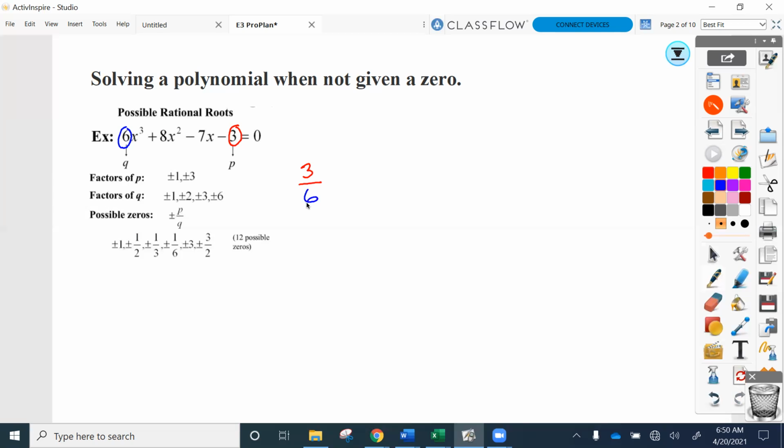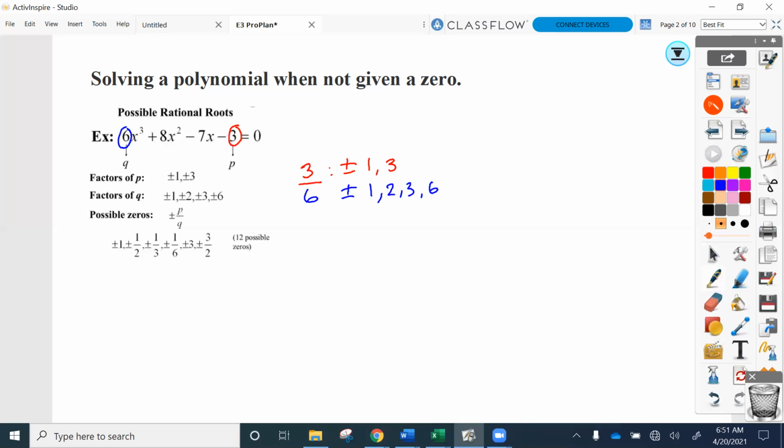So there's your P and your Q. Factors of 3 are always plus or minus 1 and 3. Factors of 6 there's a few more. You could have always plus or minus 1 times 6, you could have 2 times 3.